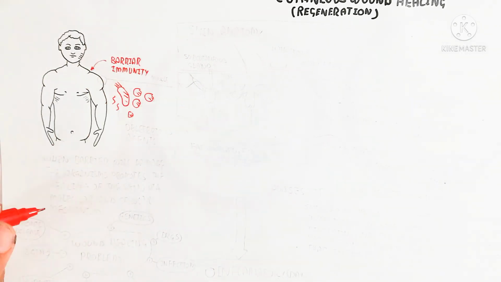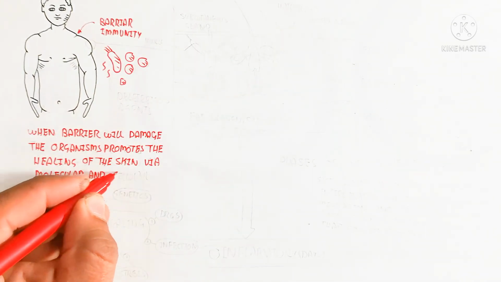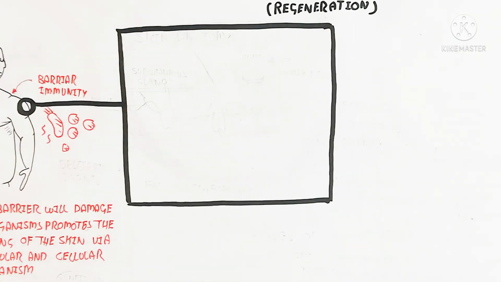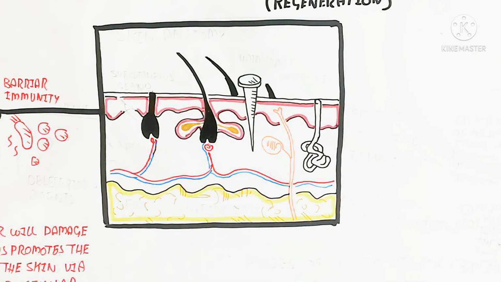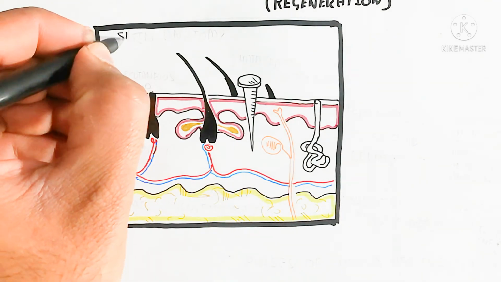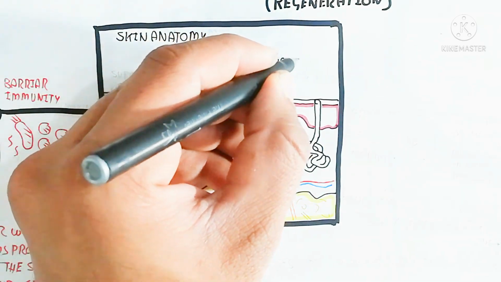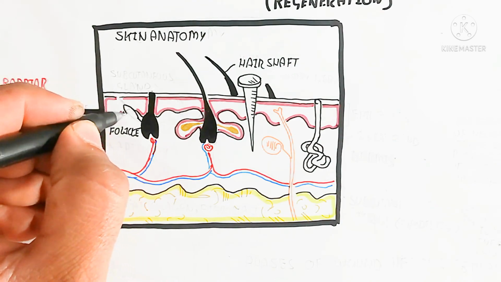Here is a person that contains barrier immunity. Barrier immunity means the skin, which is the biggest organ throughout the body, a sheet-like structure containing hairs. This is the skin anatomy I am discussing here. The hair has a hair shaft and, inside, the hair follicle.